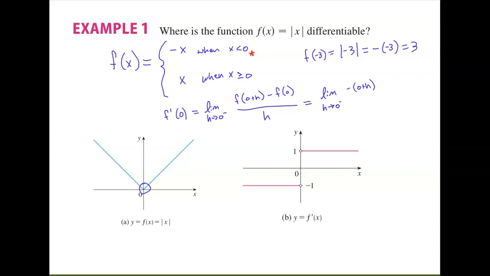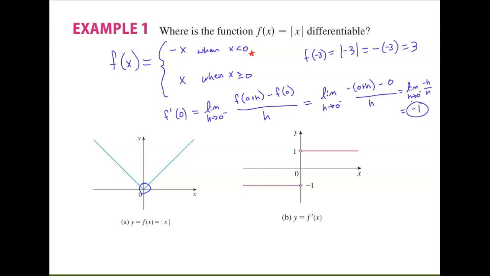So it's going to be -(0 plus h) minus, and then I'm going to plug in 0 to -x, which is still going to give me 0, over h. Simplifying this just gives me the limit as h approaches 0 from the left of -h over h, which is just -1.